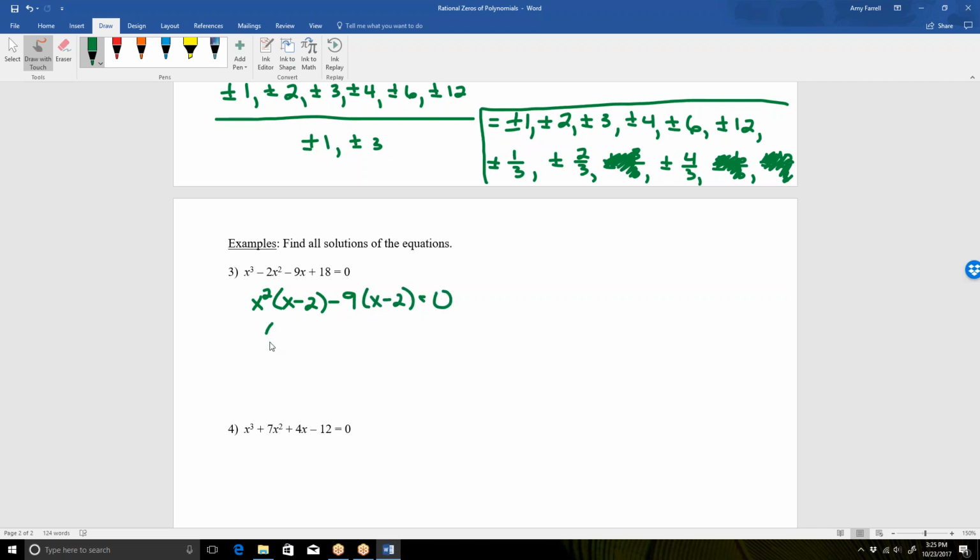And when factoring by grouping, we have the factors x squared minus 9 and x minus 2. But x squared minus 9 is a difference of squares, and I can factor it further.